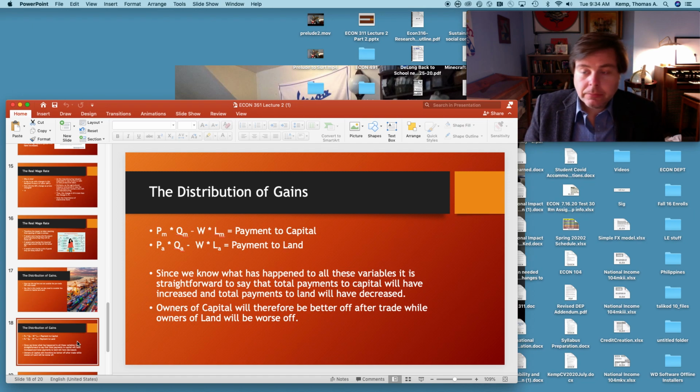So this is the second lesson that the specific factor model tells us. That is that if your assets are dedicated to a specific industry and that industry is able to exploit trade, in other words, to export, you're going to win, okay? And you're going to win big too. And conversely, if your assets are dedicated to an industry whose goods are going to be imported, right?